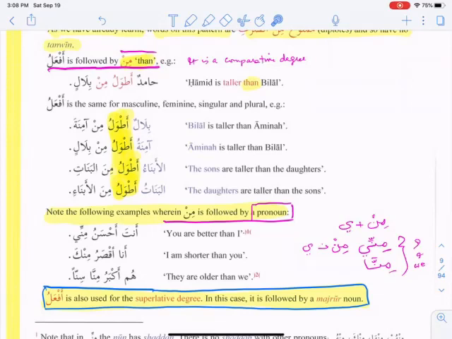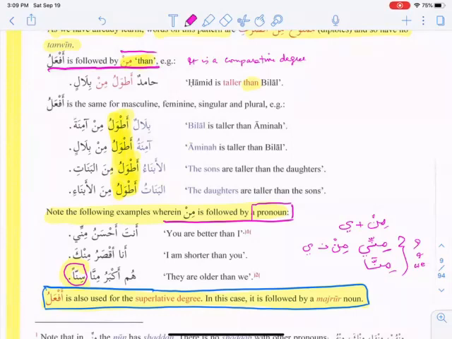Sinnan. So this sinnan, my brothers and sisters, is called tamyiz. What is it called? It's called tamyiz because it clarifies. If I say to you, I'm akbaru minkum, I'm older than you or taller than you or better than you or greater than you.